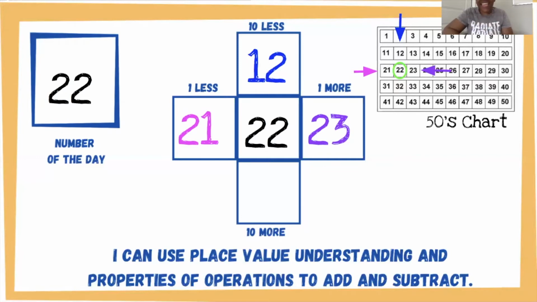The number that is 10 more than 22 should be right below it. What number is 10 more than 22? You found it. The number that is 10 more than 22 is 32. Do you notice anything about our numbers in this column?